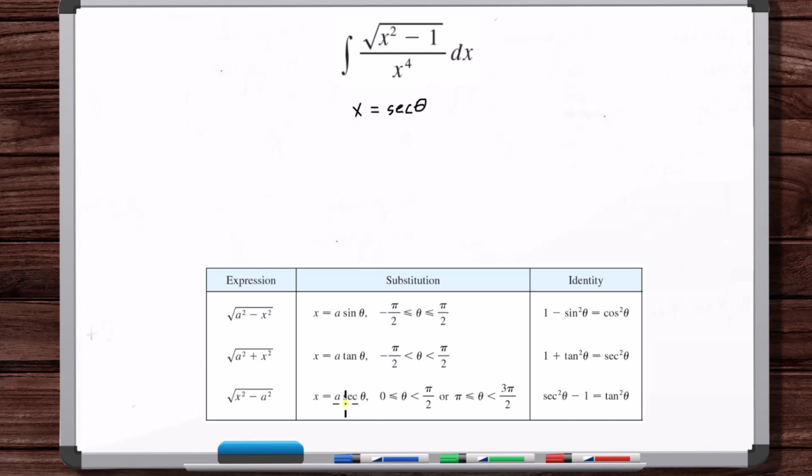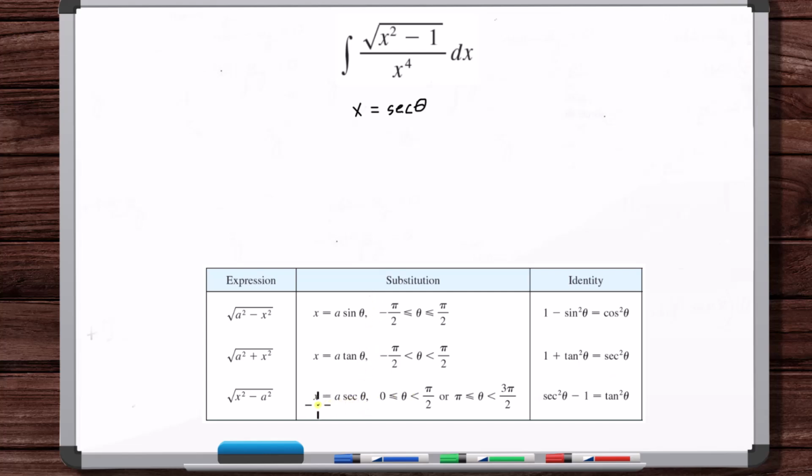Now keep in mind, we talked about this when we went through this section of the textbook, but each time you make one of these substitutions, it needs to be the case that you're dealing with a one-to-one function. To make the trig functions one-to-one, we need to restrict the domain, like we have to do with inverse trig functions.